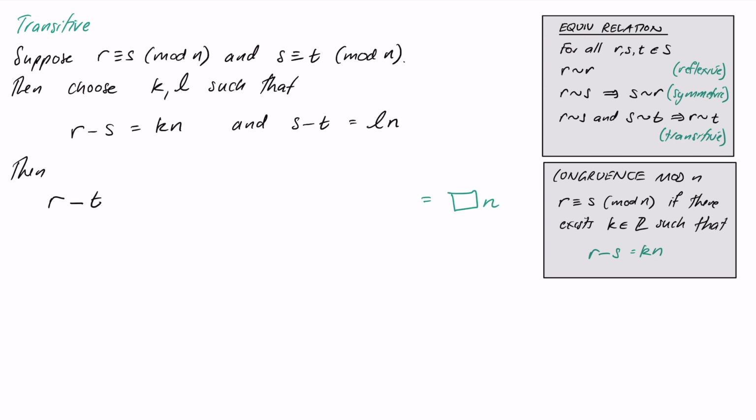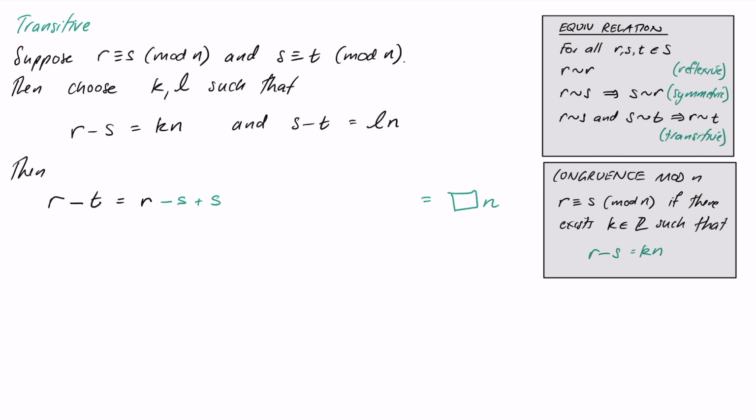Okay, so R minus T, well, it's maybe a little bit hard to see what to do with that, because the information that we've got is something about R minus S and something about S minus T. So what I'm going to do is I'm going to turn my expression into something that involves R minus S by basically subtracting it, and then to undo that subtraction I'll just add it back on.